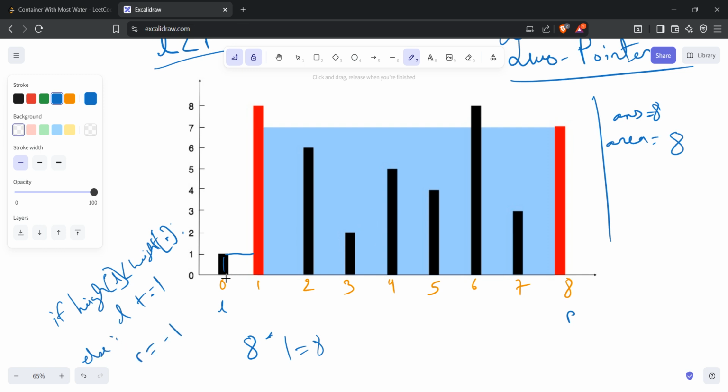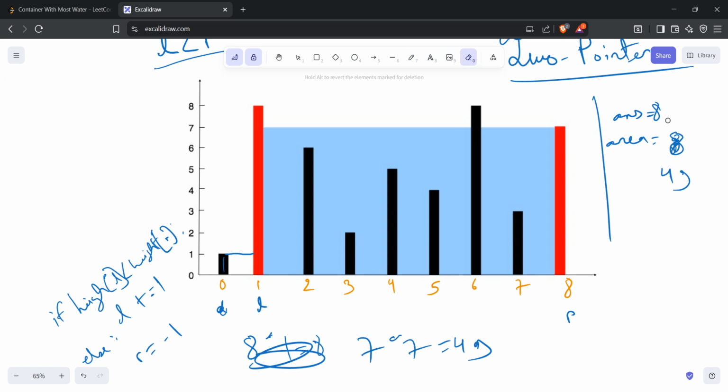Here left is less, therefore we move left to the front. Now the length is 8 minus 1, that is 7, and the height, the minimum of the two, is 7. Here the area is 49. Is 49 greater than 8? Yes, therefore we update answer to 49.